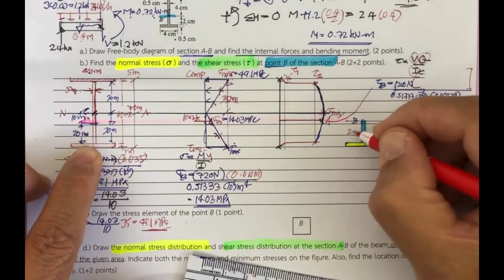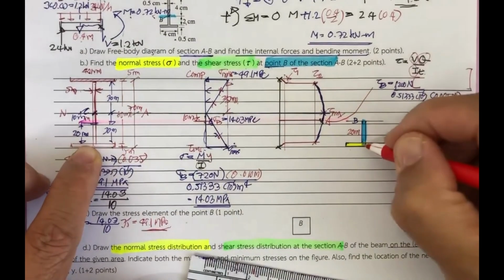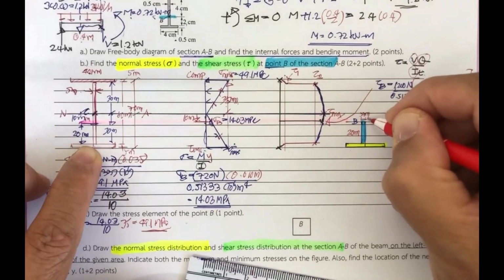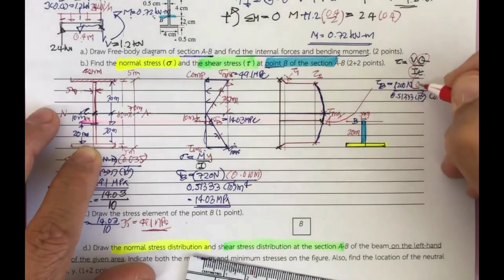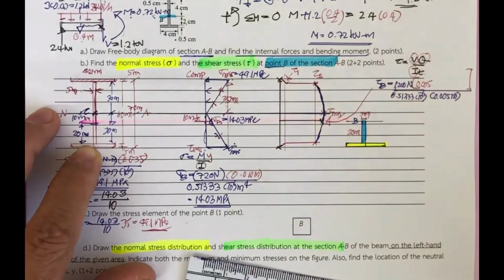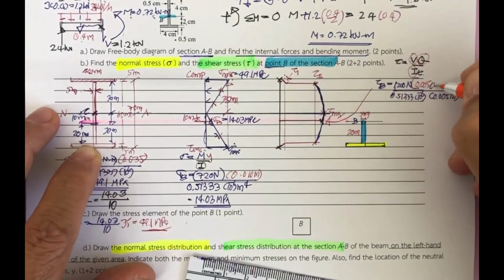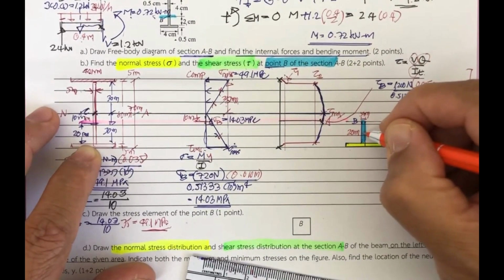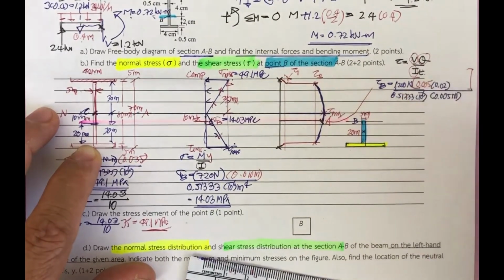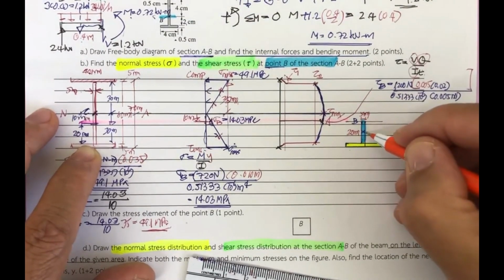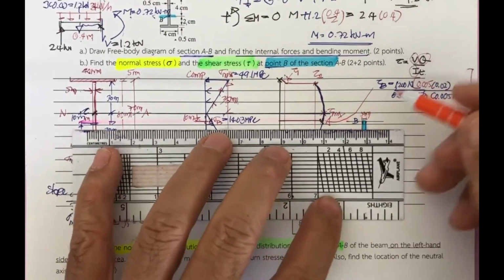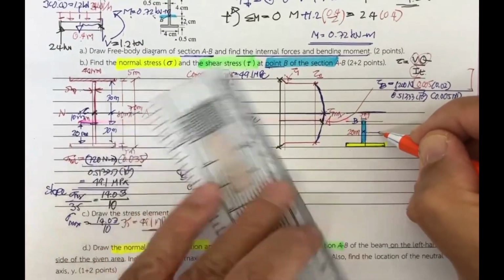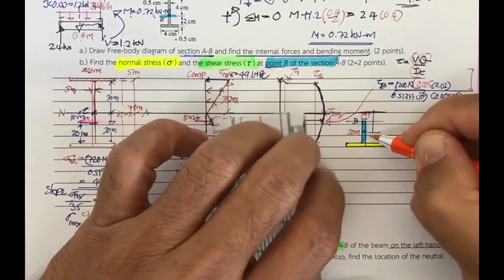This length is only 20 millimeter, and the width of this is only 5 millimeter. So the first one you will have 0.005 times 0.02, and this is the centroid of this section.